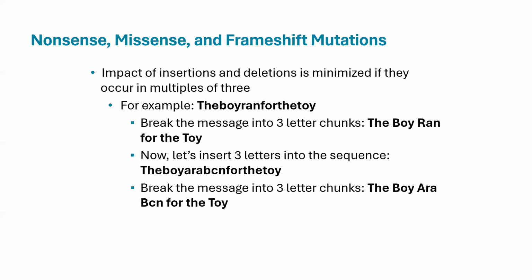So here we have another insertion where we have ARA inserted, and we get "the boy era Bicken for the toy," right? After this insertion, we get a little bit of part that makes no sense, and then it gets back on line. So these kinds of frame shifts can be less detrimental.